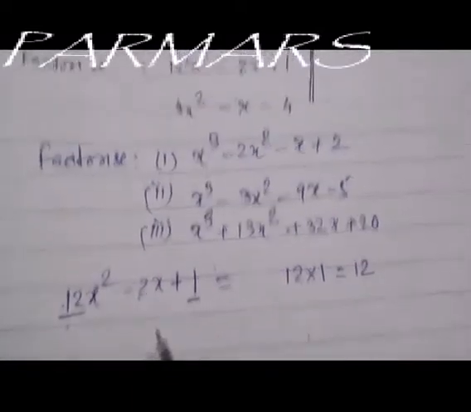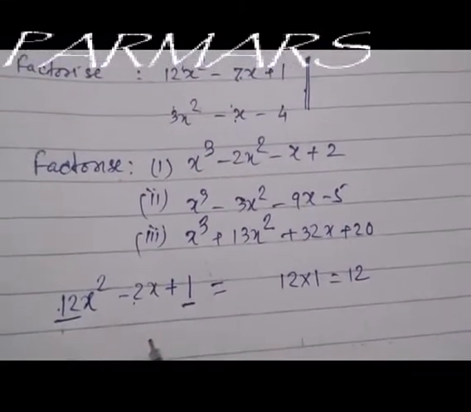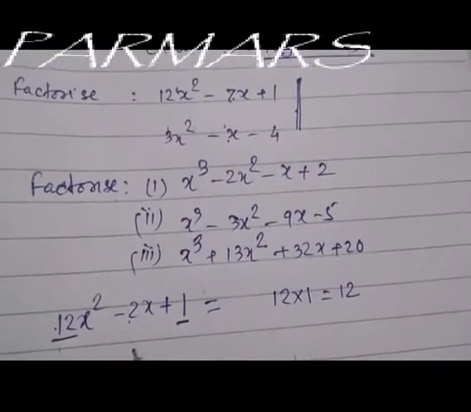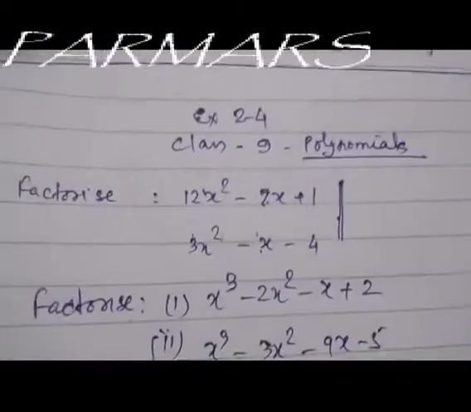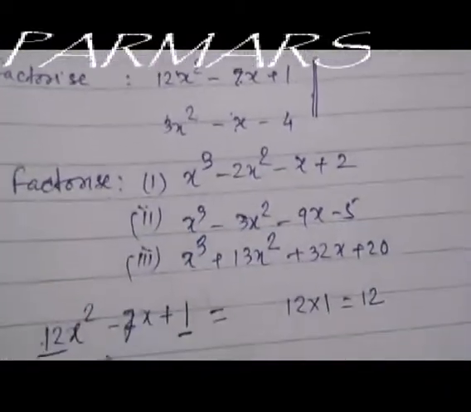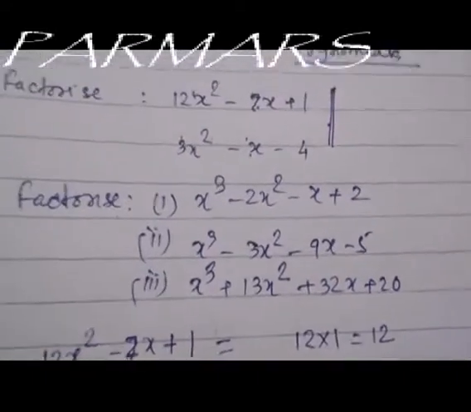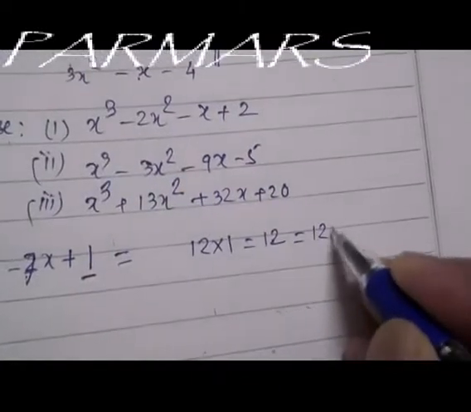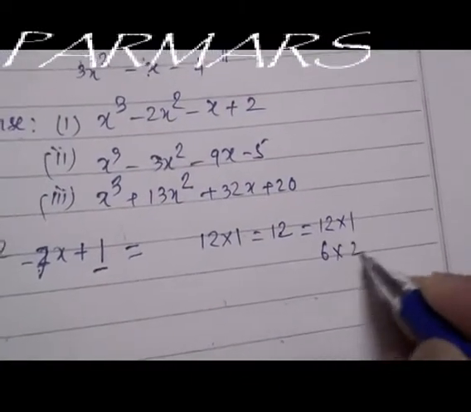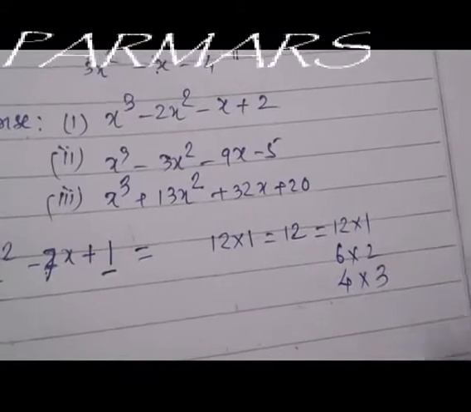The question is, I think, 7. It is not 2, it is 7. Okay. So 12, clearly it is 12 into 1, 6 into 2, 4 into 3.